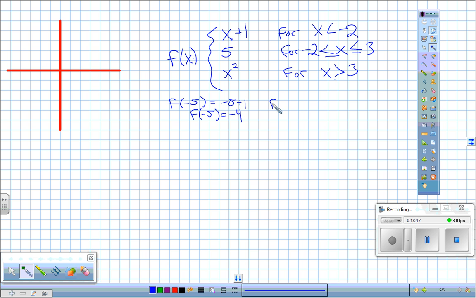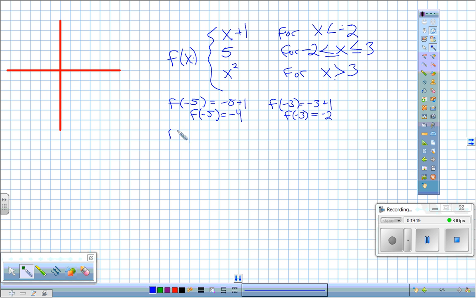Then it asks me to do f of -3. So where is -3 at on these right-hand things? Let's make that look more like a -2. Since -3 is still less than -2, I'm going to plug it into this top equation. I'll have -3 plus 1. So that f of -3 equals -2.